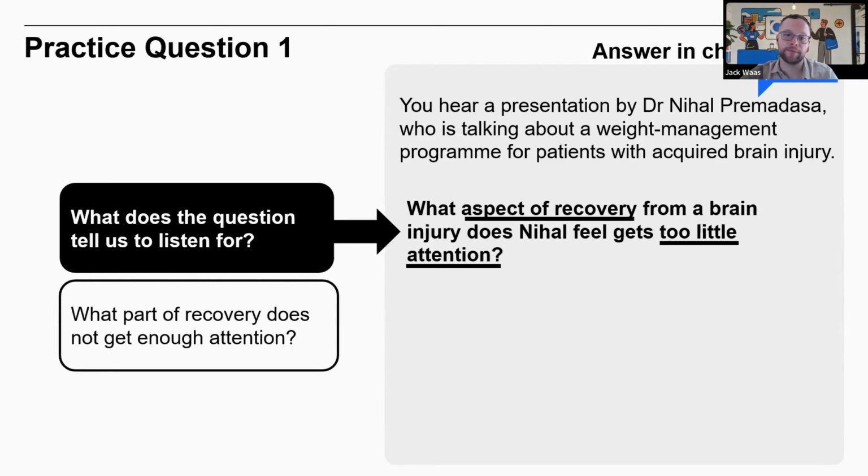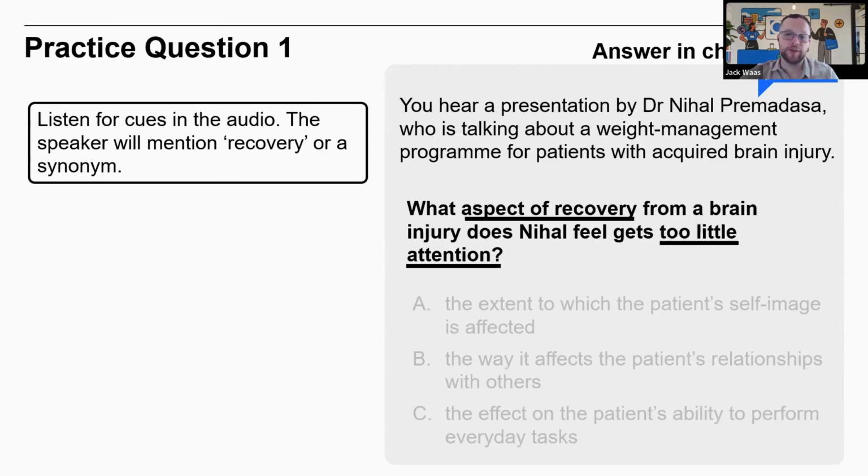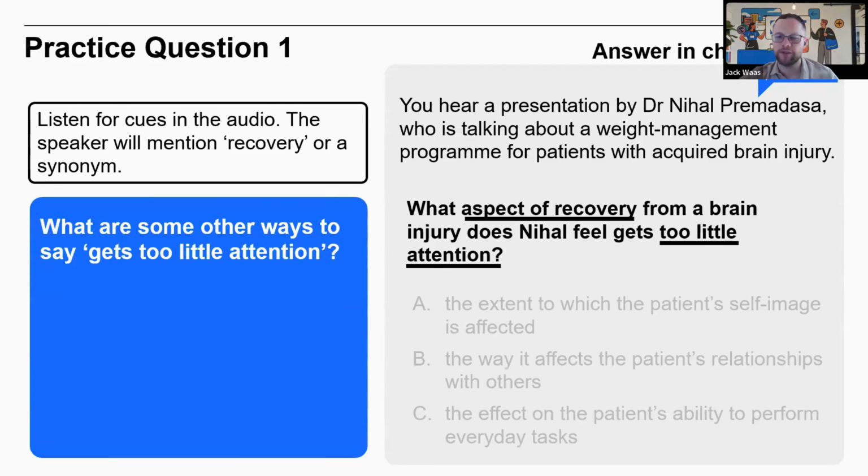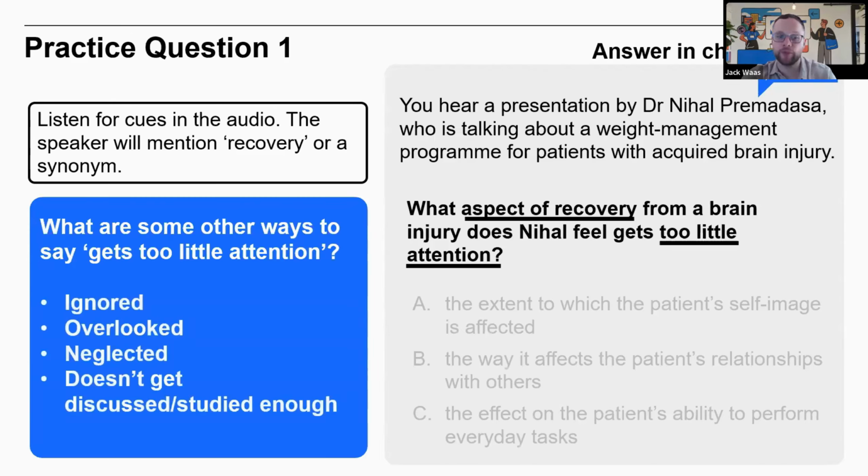Okay. Listen for cues in the audio. The speaker will mention recovery or a synonym of recovery. Another thing I want you to think about is in the question, it says gets too little attention. What are some other ways that you can say gets too little attention, right? You might use something like ignored, overlooked, neglected, something that doesn't get discussed or studied enough. Those are different ways for you to say gets too little attention, all right?